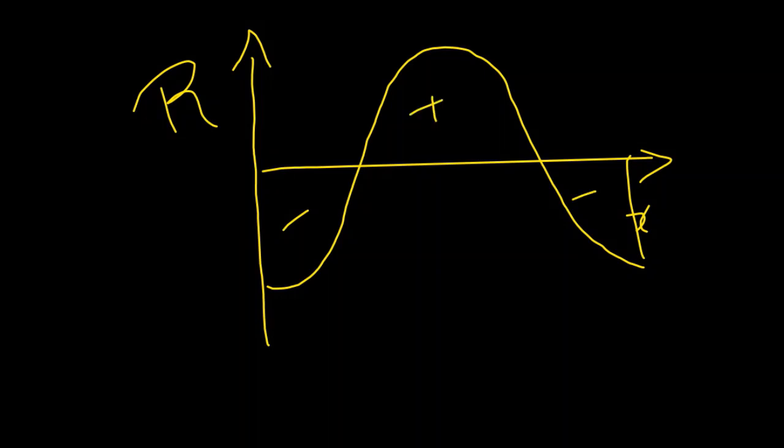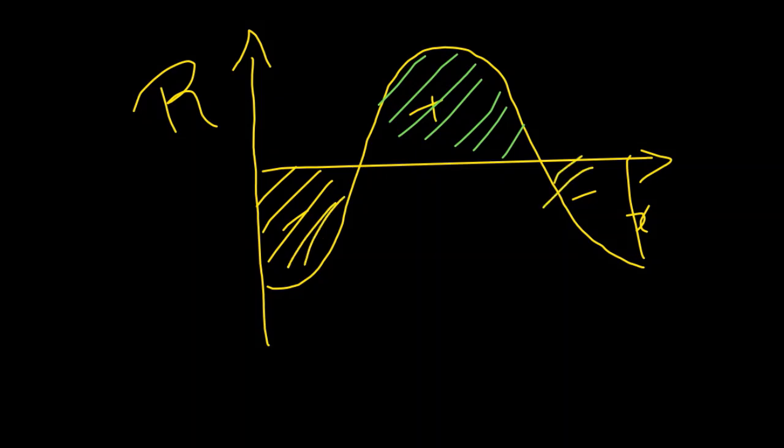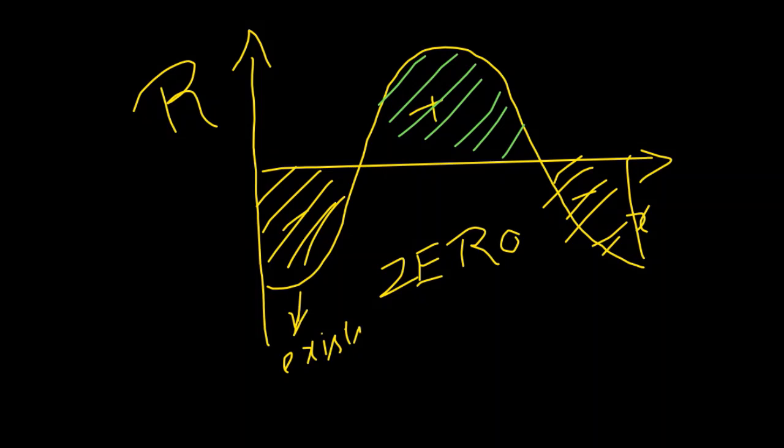This positive, indicated by this green here, and this negative, which I will indicate by this yellow here, if you sum them, the area may cancel out and the total area may become 0. That doesn't mean that error is 0, because error exists here. Error exists here.